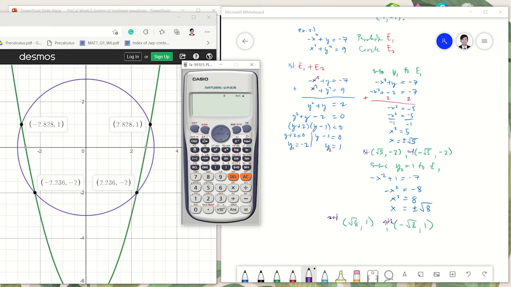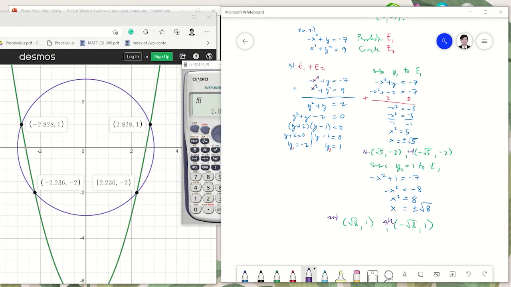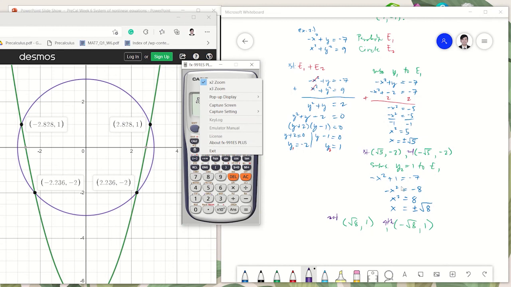And our square root of 8, that's 2 square root of 2 if you are asked to simplify the radical form. But since our Desmos shows the decimal form of the number, if you change that in calculator, that would be 2.828, which is here. So our answer is correct. There are 4 solutions in our example 2.